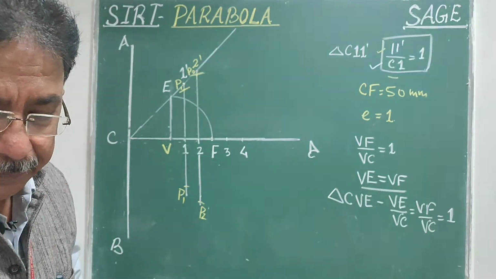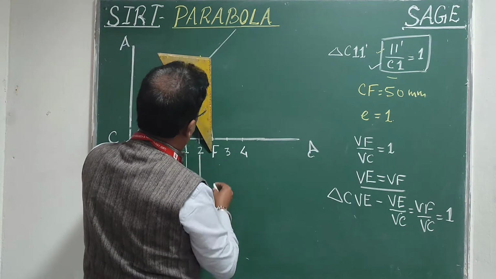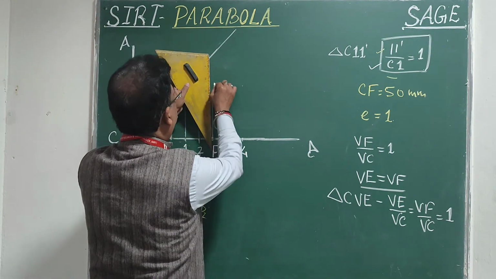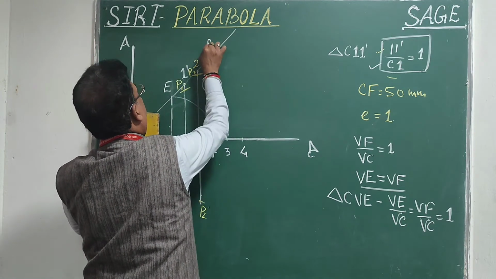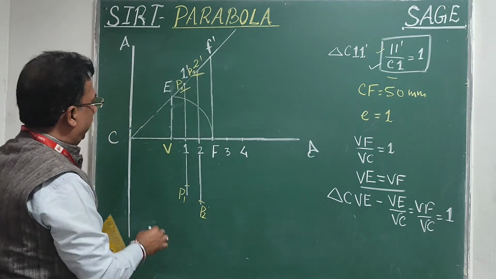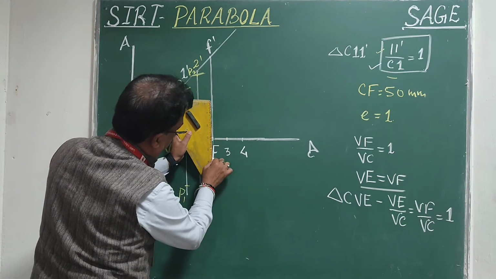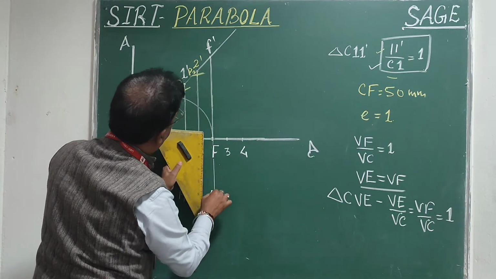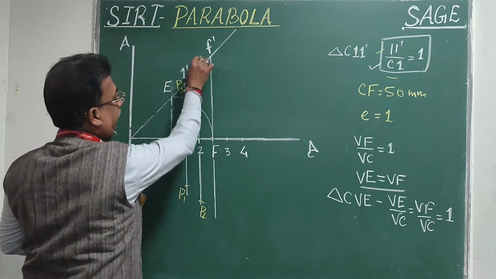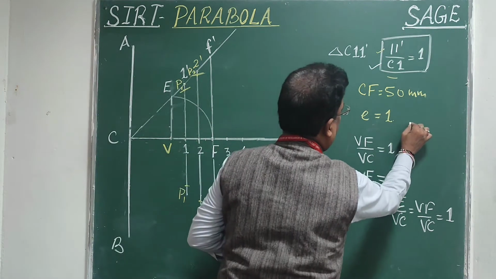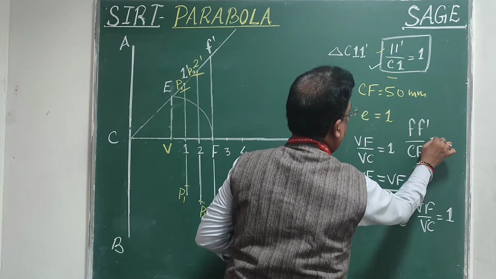Next time I am going to use this focus point, and this time I will draw a perpendicular on this focus. Suppose it will cut at some point F dash. Now my triangle will be C F F dash. Again with the same logic, for this triangle C F F dash, this F dash upon CF will be equal to 1.